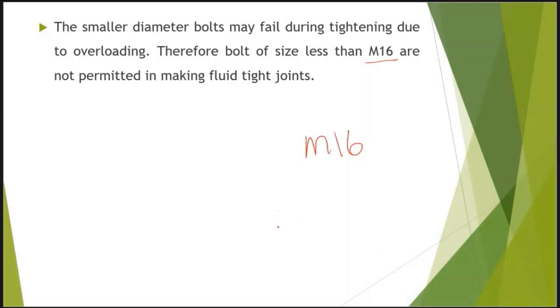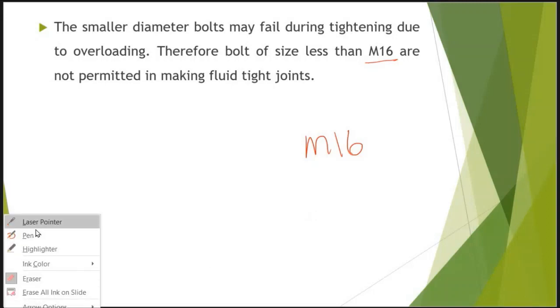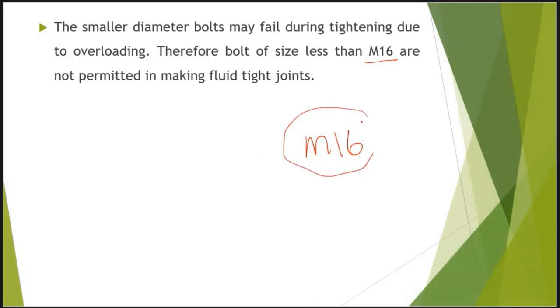M16 means nominal diameter 16 mm. So if you are using an M16 bolt, that means the nominal diameter is 16 mm.